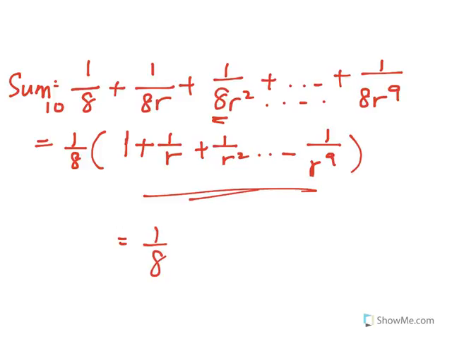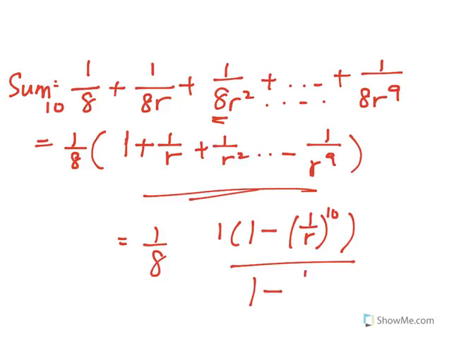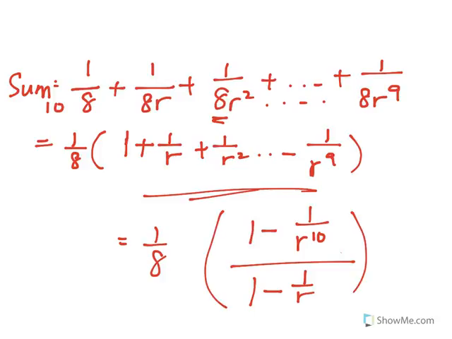This is a(1 minus the common ratio to the power of n) over 1 minus the common ratio. Here a is 1, and the common ratio is 1 over R. So that is the sum for our GP. We can just rewrite this with 1 over R to the power 10. We can erase the bracket, it is not needed, and this is what we have. This is the sum of the reciprocals of the terms.